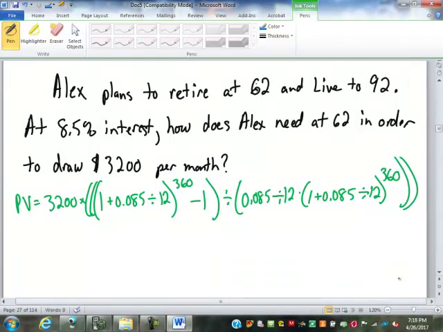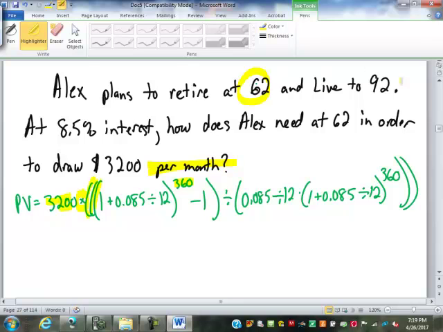There's a few of you still punching numbers in, but we're running short on time here, so I'm going to go over this one. I've written out the formula here for you. We know the monthly payment, the regular payment, and we want to find the present value. So it is 3,200 times the parentheses 1 plus 0.085 divided by 12, because it is monthly, to the power of 360.